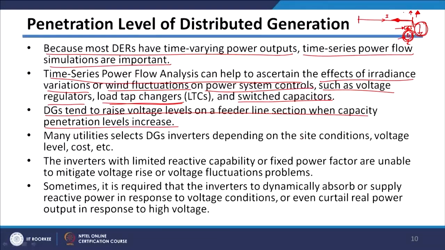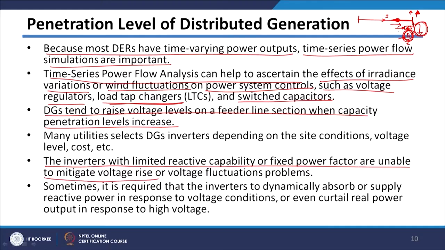In that case, if the inverter which you are putting at the DC terminal has reactive power capability also, then this reactive power capability of the inverter can be used to mitigate this voltage rise.